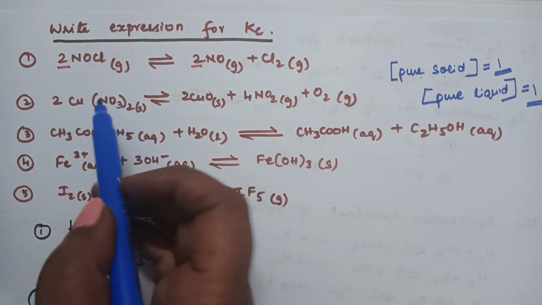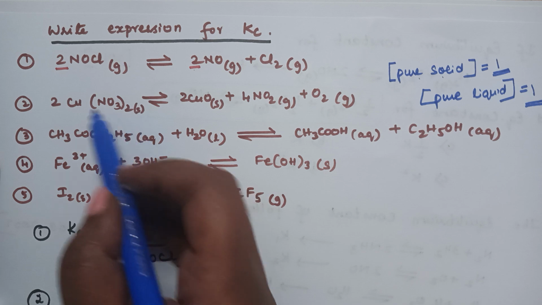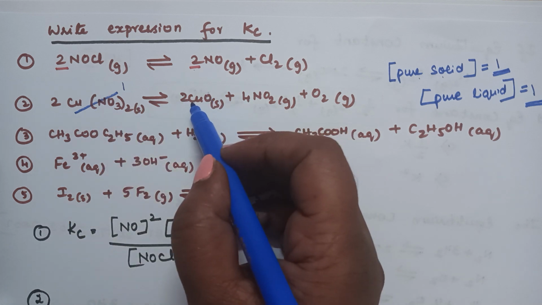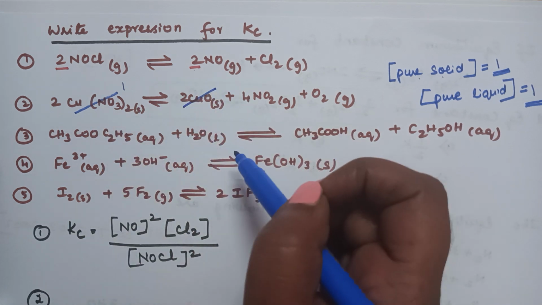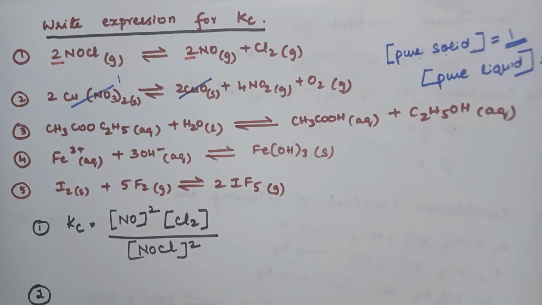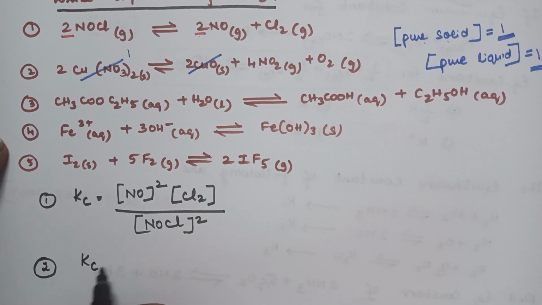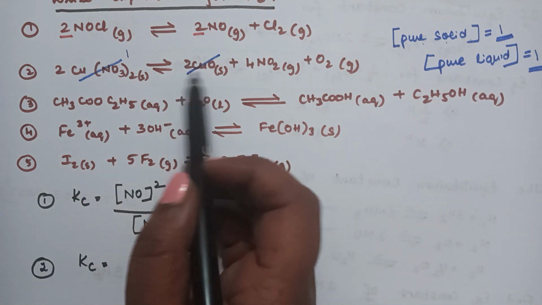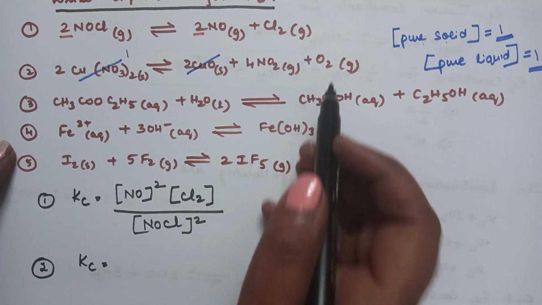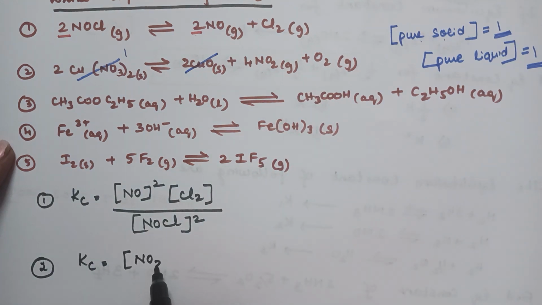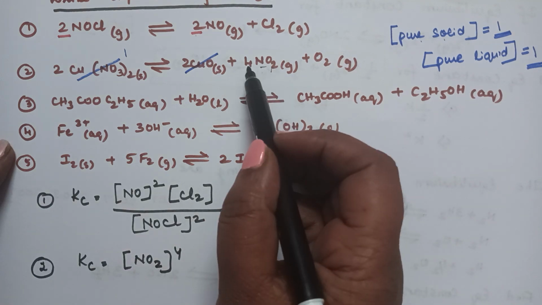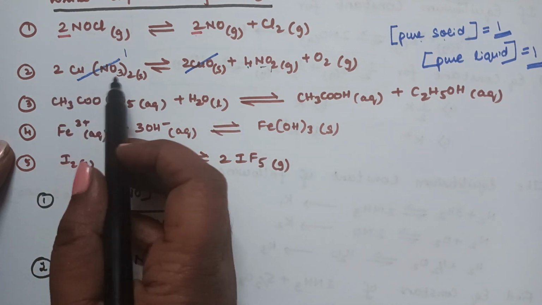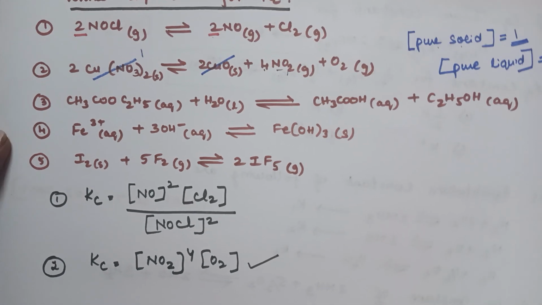So wherever we see a solid in the equation, it will be 1, and we do not write it in the expression. Here copper oxide is a solid, so it is also 1. So Kc is equal to, solids and liquids are not written in the expression because their value is 1. Leaving those, we write only the gases: NO2 to the power 4 and oxygen to the power 1, divided by the solid, which we are not writing. So this is the expression for the second one.